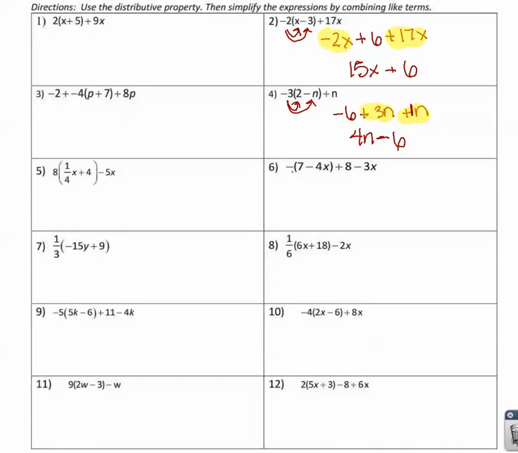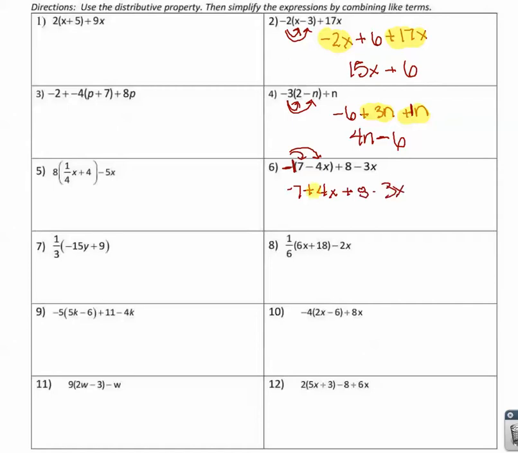Here for number 6, remember having this negative out here is the same thing as having a negative 1. So you're going to distribute negative 1 to each item on the inside. So negative 1 times 7 is negative 7. And then a negative 1 times a negative 4x is going to be a positive 4x. Bring down the rest of your terms.